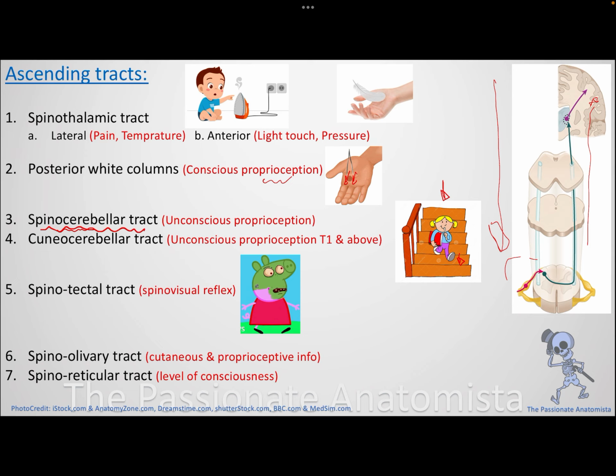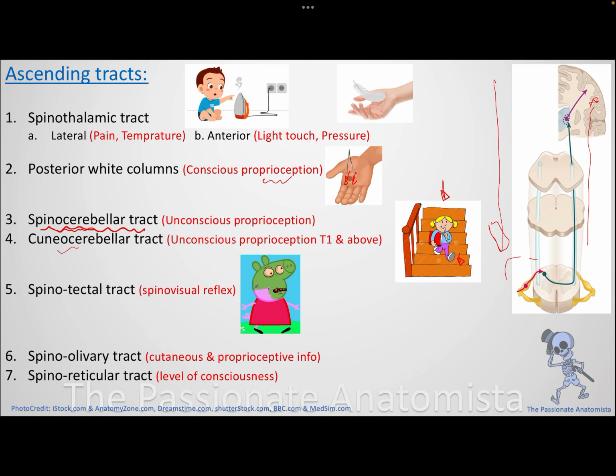Okay, so this is a proprioceptive sensation. It's information in the muscle itself and in the joint itself that tells me how I should flex, how much force should be put on the muscle to control it, without me even thinking about it. That will be carried by the spinocerebellar tracts.